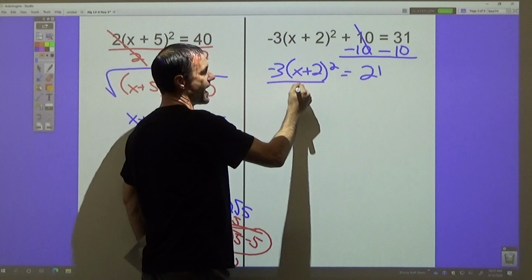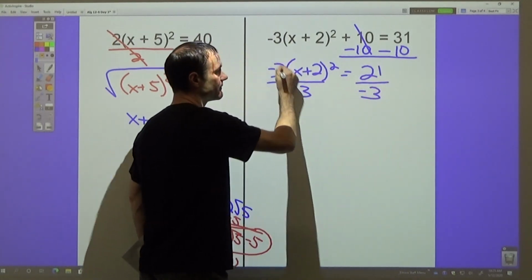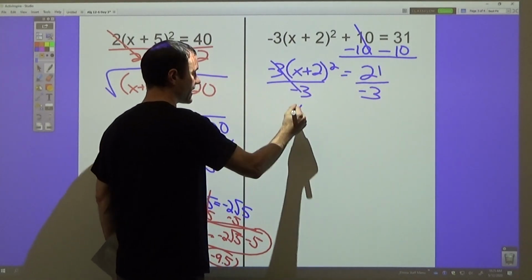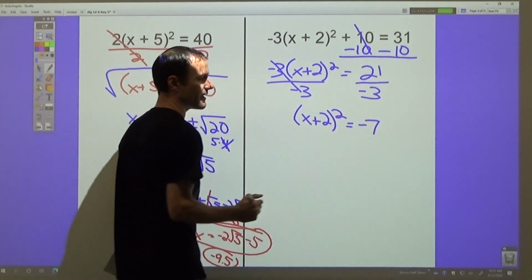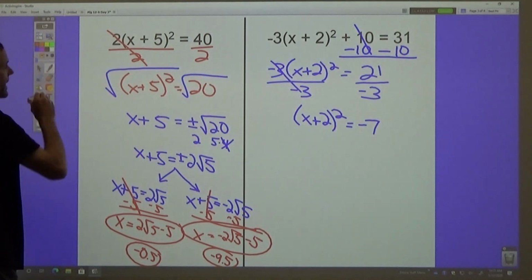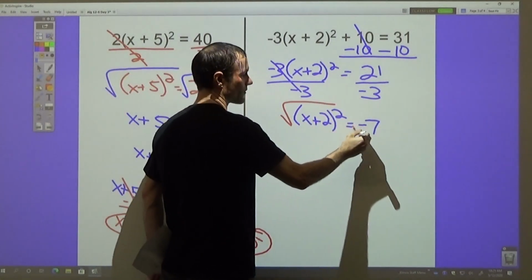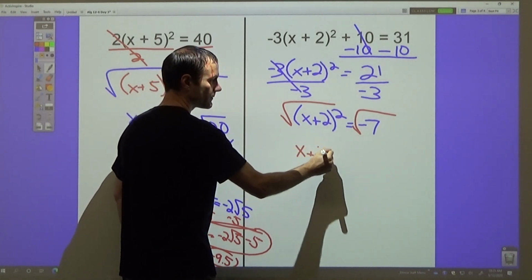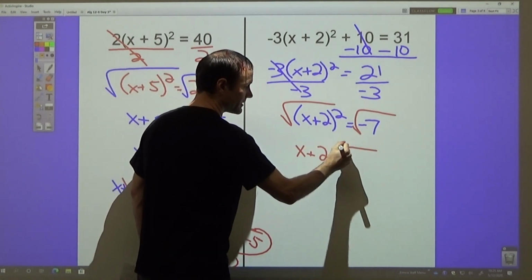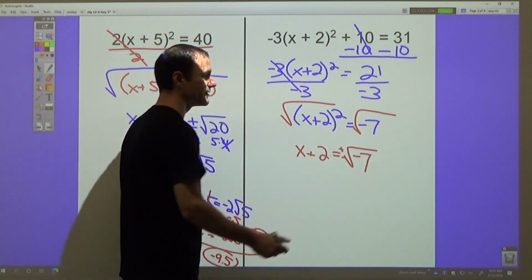So we're going to divide by -3, divide by -3. So now we have (x plus 2) squared equals -7 when we divide. To get rid of that squared, we want to take the square root. So now we're going to end up with x plus 2 equals plus or minus the square root of -7.